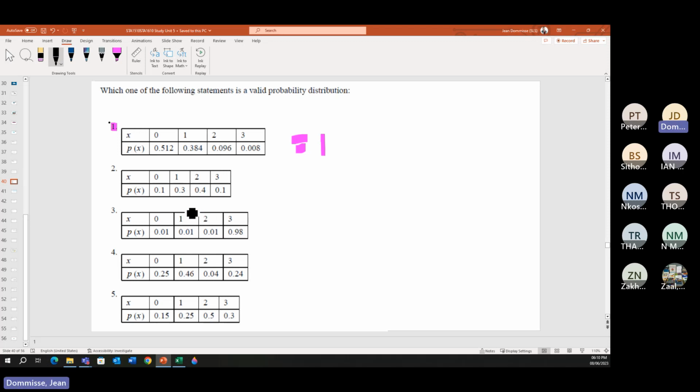So that might already be the one that we are looking at. Okay, 0.1 plus that is 0.4, plus that is 0.8, plus that is 0.9, so it's definitely not 1. Okay, that's 0.01, 0.02, 0.03, then plus that will be 1.01, so also not.